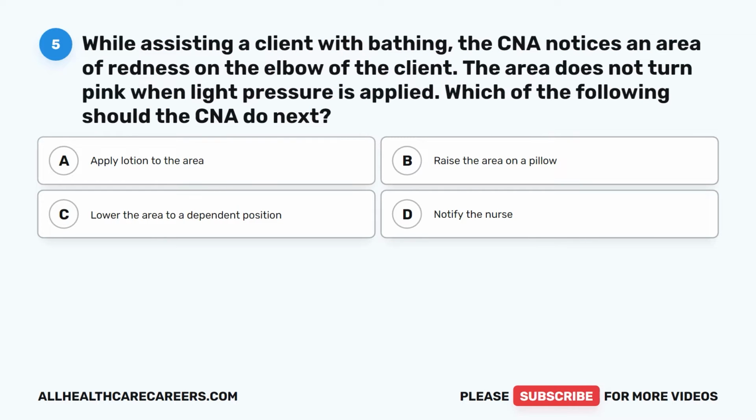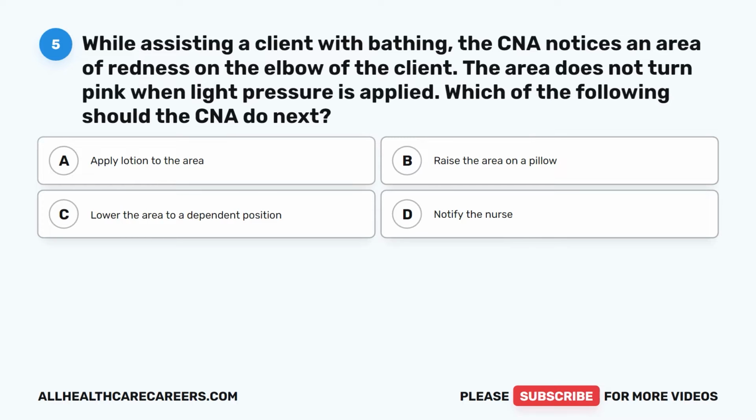Question 5. While assisting a client with bathing, the CNA notices an area of redness on the elbow of the client. The area does not turn pink when light pressure is applied. Which of the following should the CNA do next? A. Apply lotion to the area. B. Raise the area on a pillow.